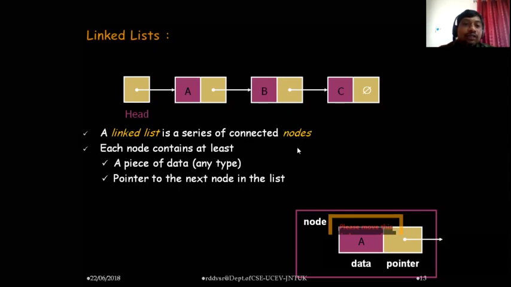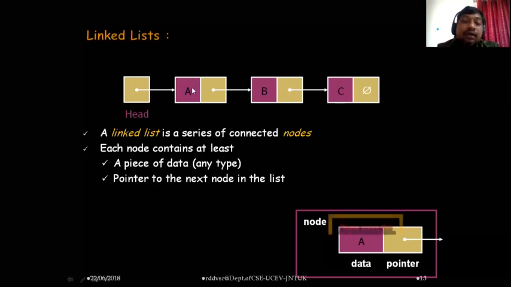As you can see here, a linked list is a series of connected nodes or self-referential structures. Each node contains at least one piece of data, of any type, and a pointer to the next node in the list. Here any type of data you can place, but an array is a collection of homogeneous data only.